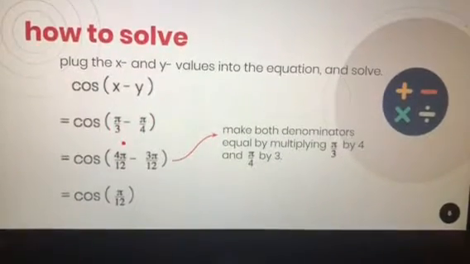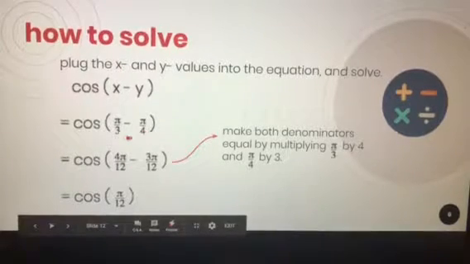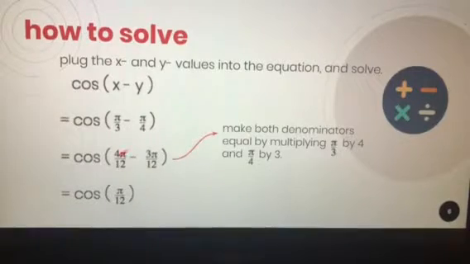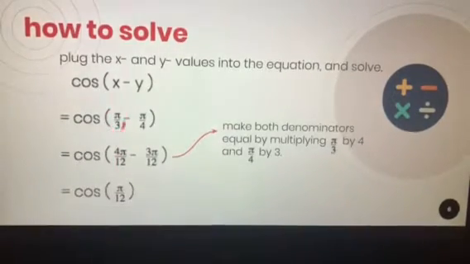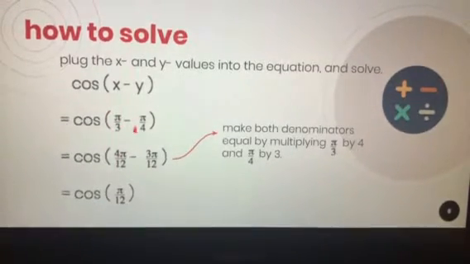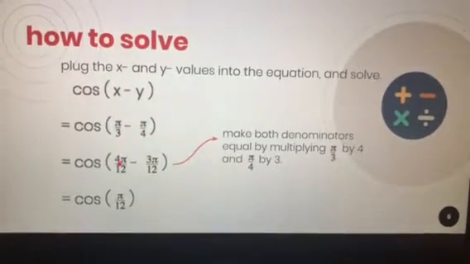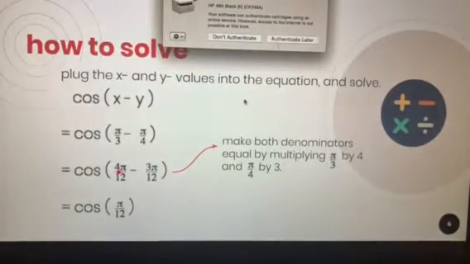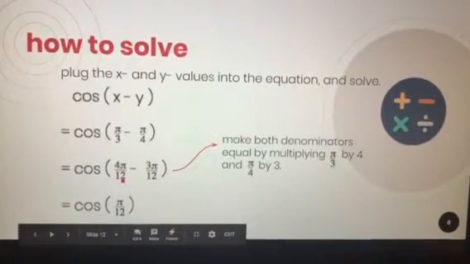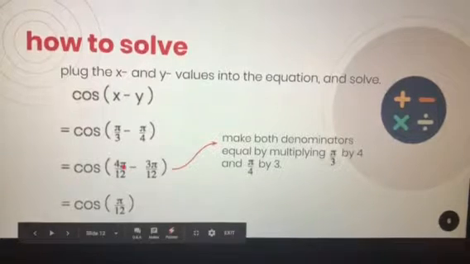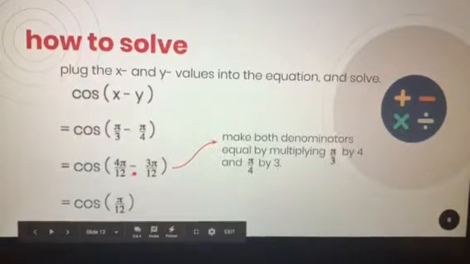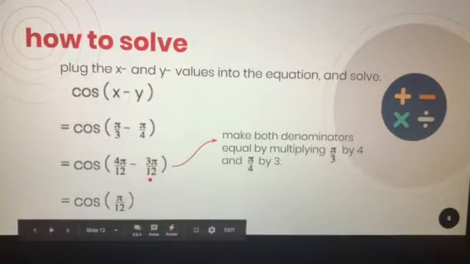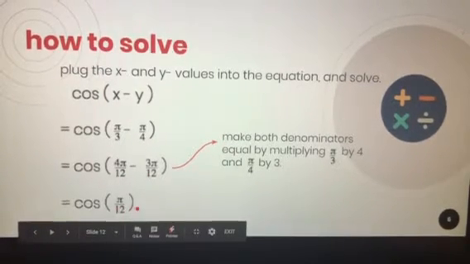Since we can't subtract these right away, we multiply this by 4 to give us 12, and multiply this by 3 to also give us 12. So that gives us 4 pi over 12 minus 3 pi over 12. Subtract them and we get cos pi over 12, and that is our answer.